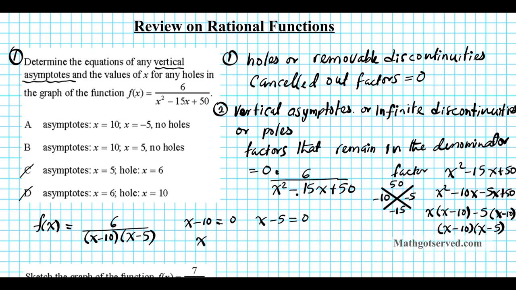To solve this, we have x equals 10 and x equals 5. So this tells us that our vertical asymptotes are x equals {5 and 10}. Those are your vertical asymptotes. So let's look at the options we have here. 10 and 5. Bam, that's the correct answer.